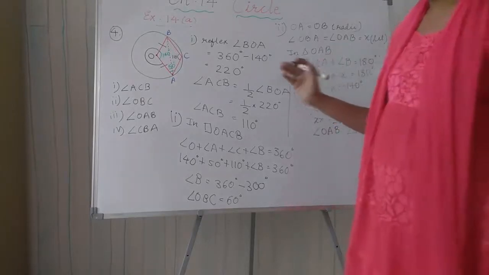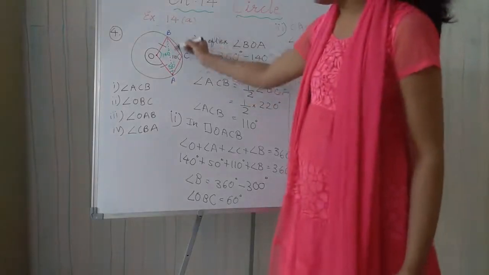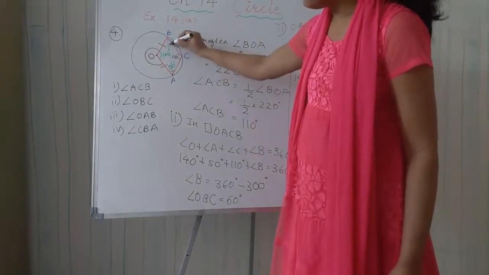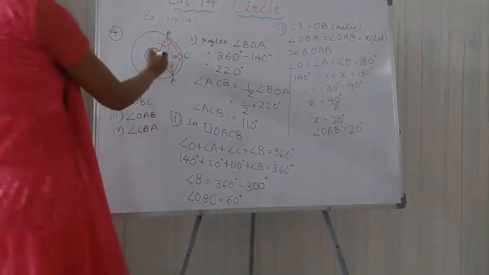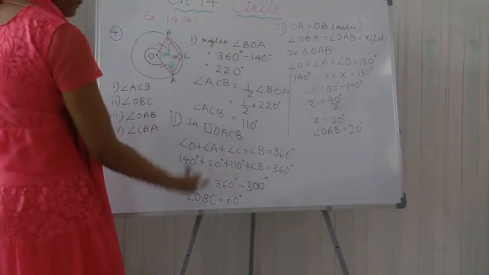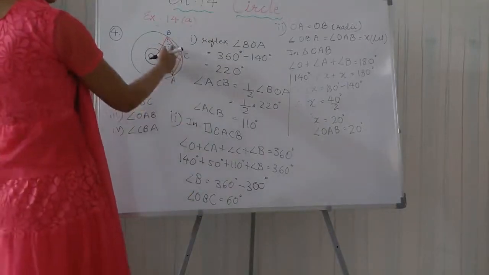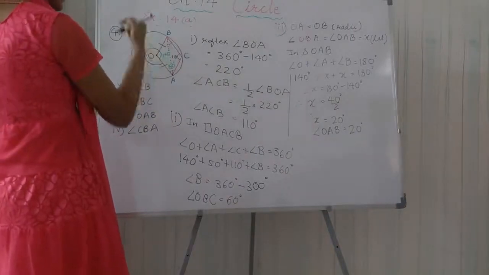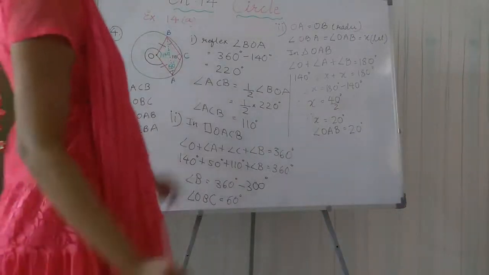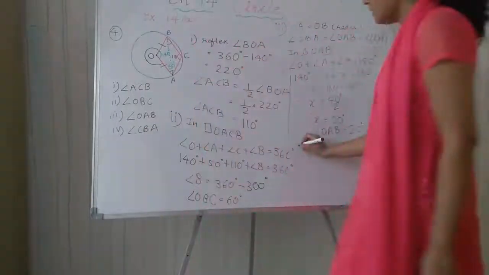Now the fourth angle, that is CBA. This small one here, angle CBA, we want to find out. For that, we already have the whole angle OBC, which we found as 60, and we have also found OBA as 20 degrees. So 60 minus 20, we can get that fourth angle directly.